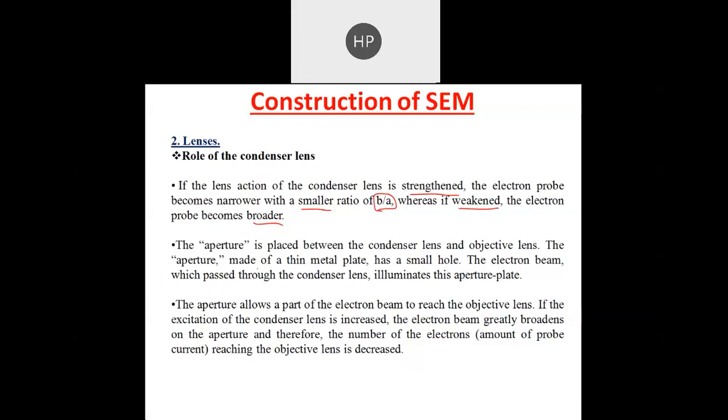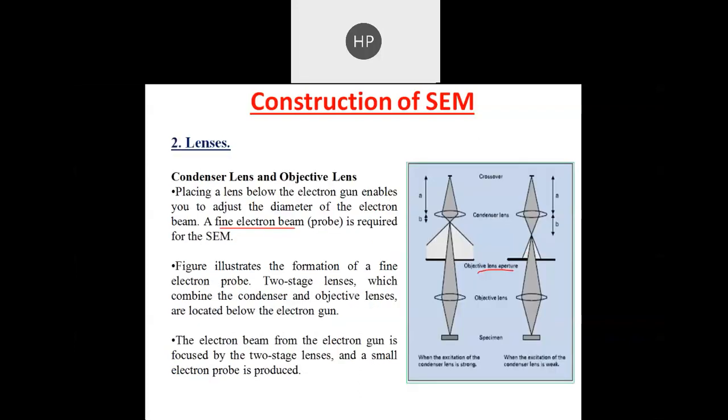The aperture, made up of a thin metal plate, has a small hole. The electron beam which passes through the condenser lens illuminates this aperture plate. We have a small hole in this aperture plate.